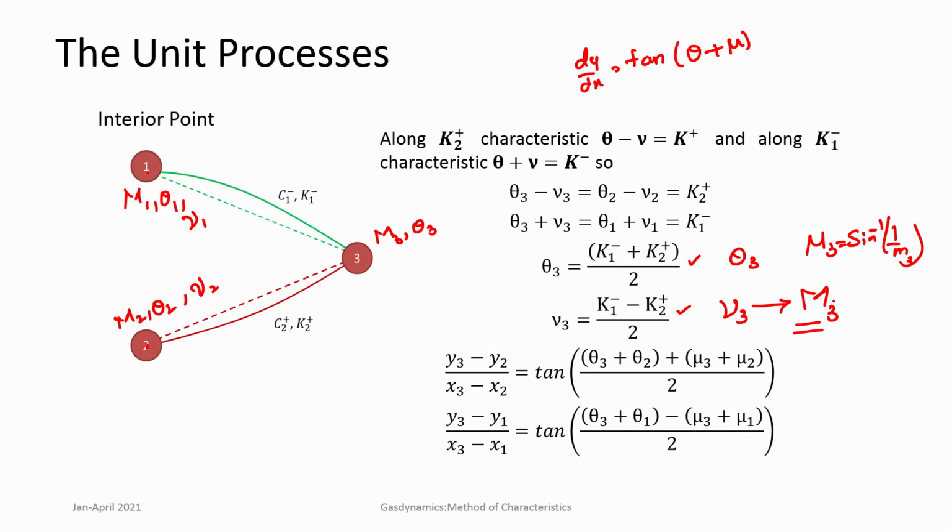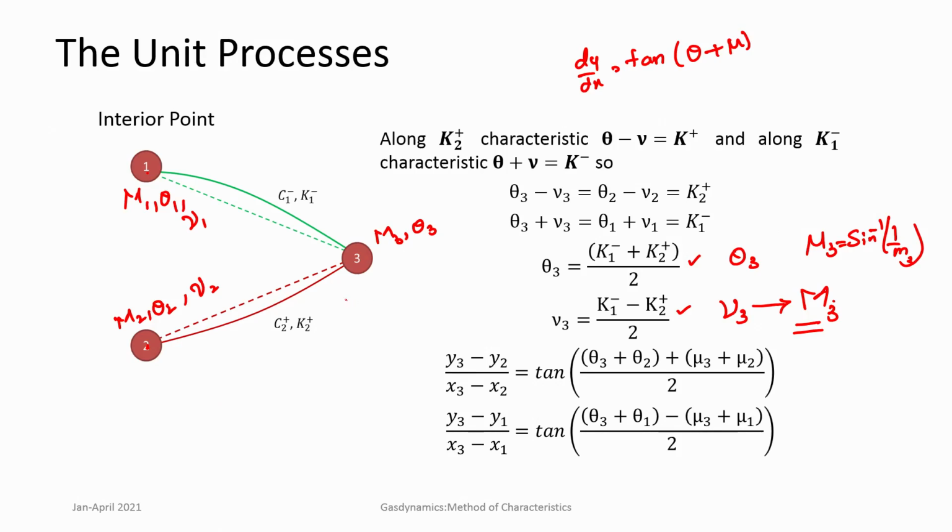What we need to know is the location of 3. The location of 3 is found out by assuming that the points that are connected, they are connected by straight lines. This will give us a good solution with the least error if these points are very close to each other, and then you write the equations of the straight line with average angles, and then you can get the solution for x3 and y3.